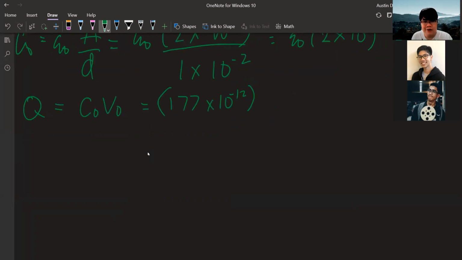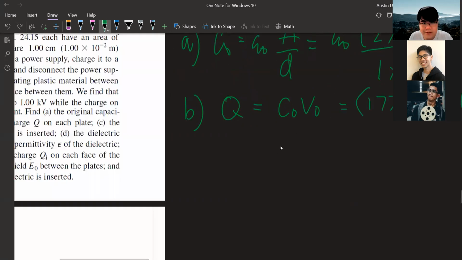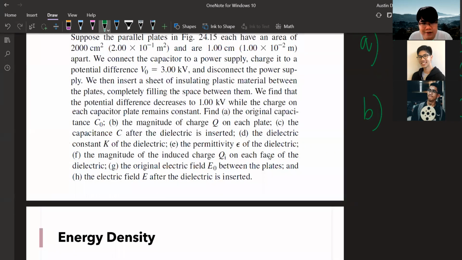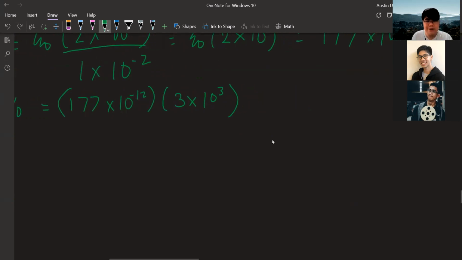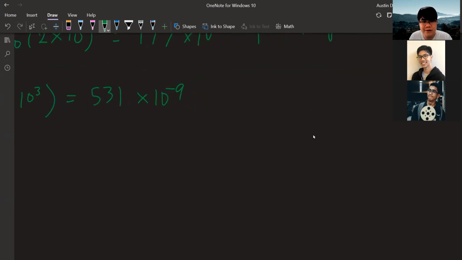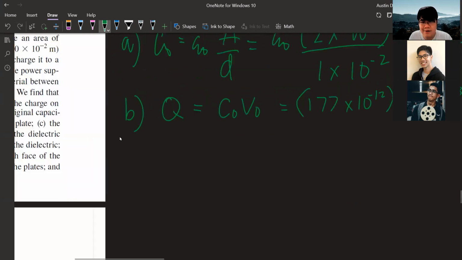Then I have my voltage to be 3 times 10 to the 3 volts, kilovolts kasi di ba? 3 kilovolts nga. Okay, so this is actually 531 times 10 to the negative 9. And this is just 531 nanocoulomb. Okay, incorporating the units.